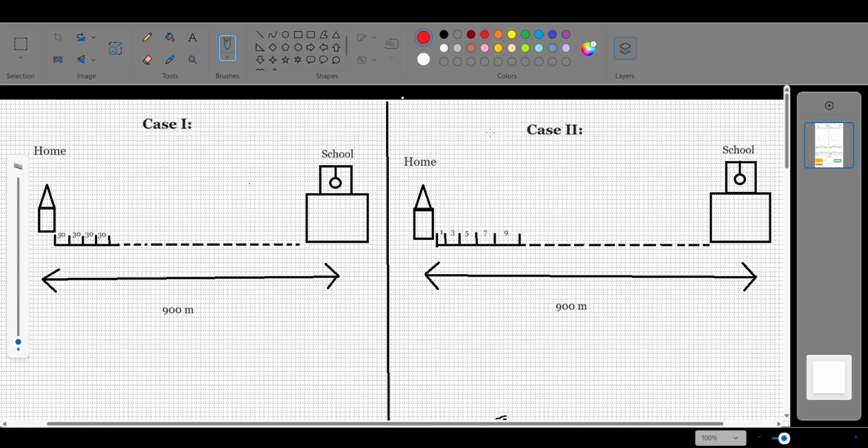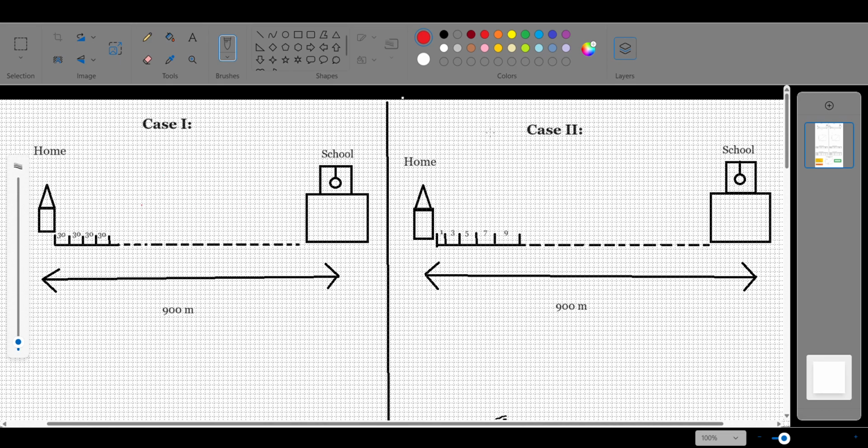So here in front of you, you have two cases. Case 1 is of this student who is very disciplined in nature. He lives 900 meters away from his school, and whenever he walks to school, he walks in a very regimented way. So it's exactly 30 meters that he walks every single minute.